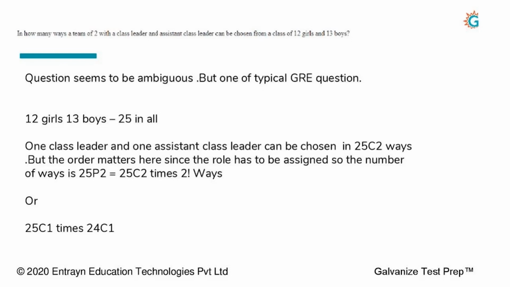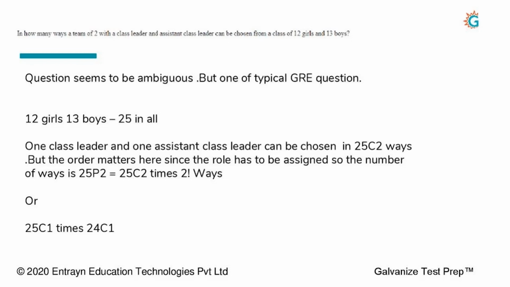With the class leader and assistant class leader, the moment we impose a designation, it means that it is a permutation problem. Ordering does matter here. The moment we have captain, vice captain, class leader, assistant class leader, right? If you're going to impose some role or designation in the question, then it is a permutation question.